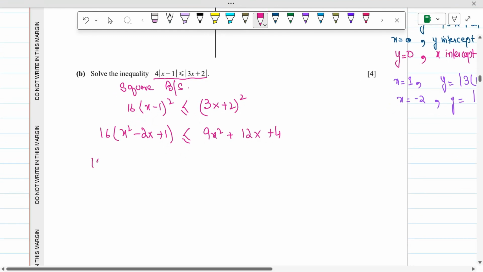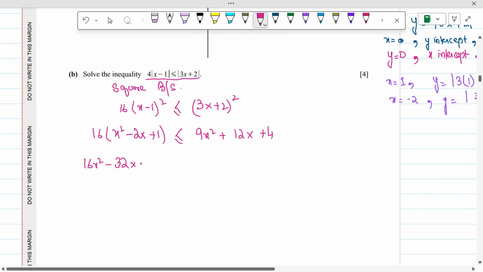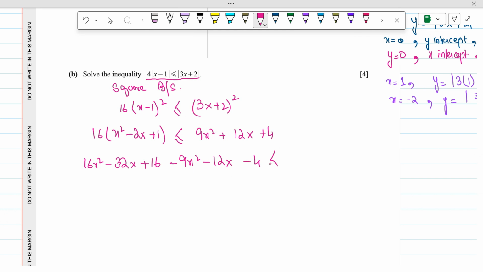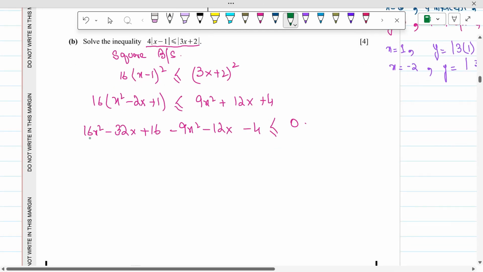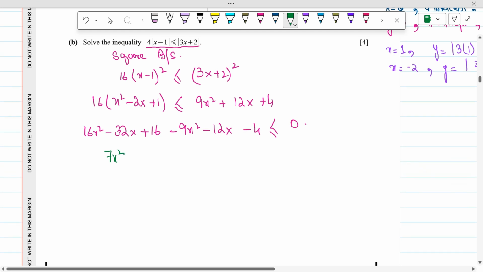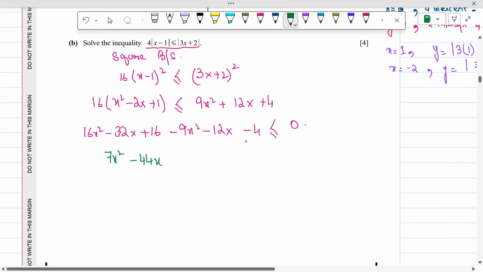So this one is 16x squared minus 32x plus 16, and when we switch these terms to the left side, it will be negative 9x squared minus 12x minus 4, less than or equal to 0. So we will have 16x squared minus 9x squared is 7x squared, negative 44x, and 16 minus 4 is plus 12, which is less than or equal to 0.